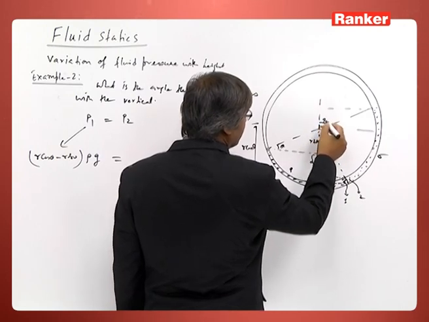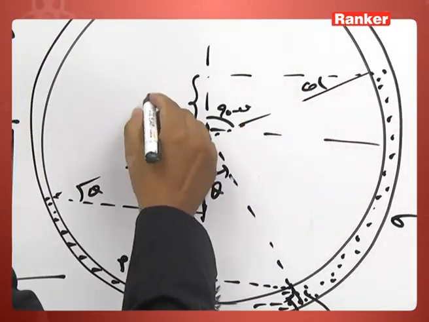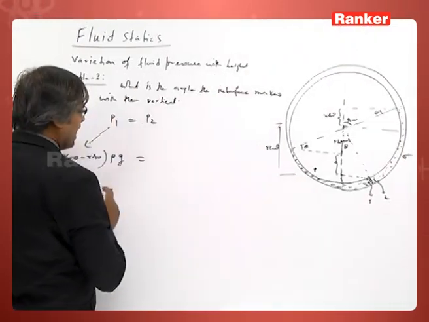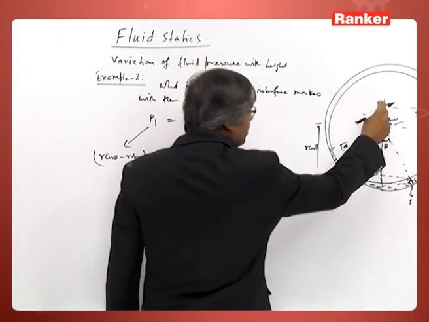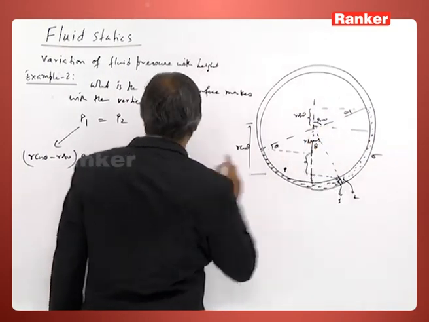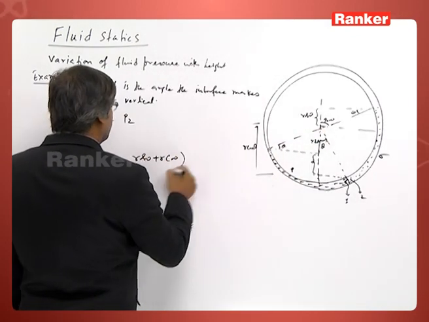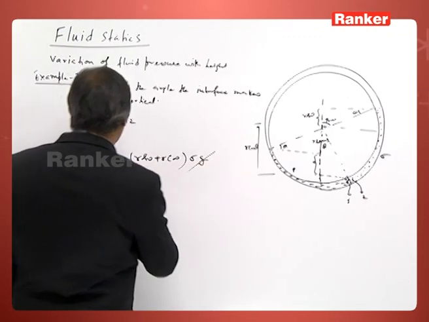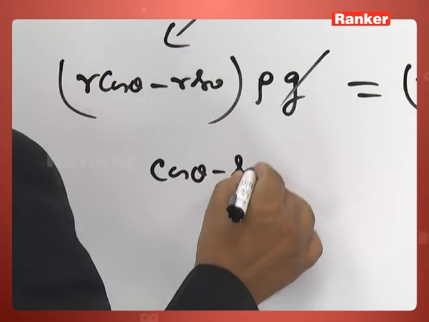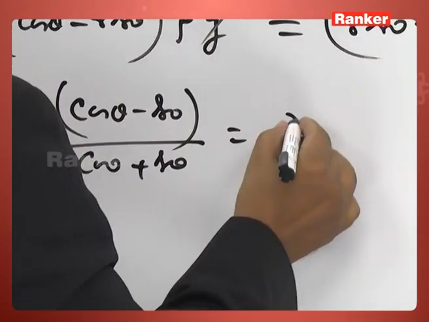So 90 minus theta, so this angle is theta. This is r and this is r. So this is theta, this is r sin theta. So we have P2 as the height from here to here, which is r sin theta plus this r cos theta, times sigma g. So g cancels, this r also gets cancelled. So (cos theta minus sin theta) by (cos theta plus sin theta) is equal to sigma by rho.